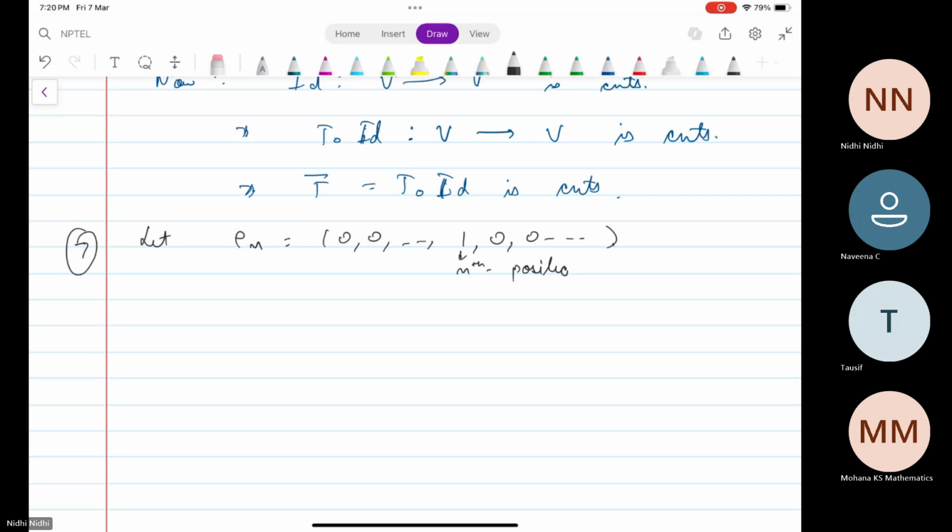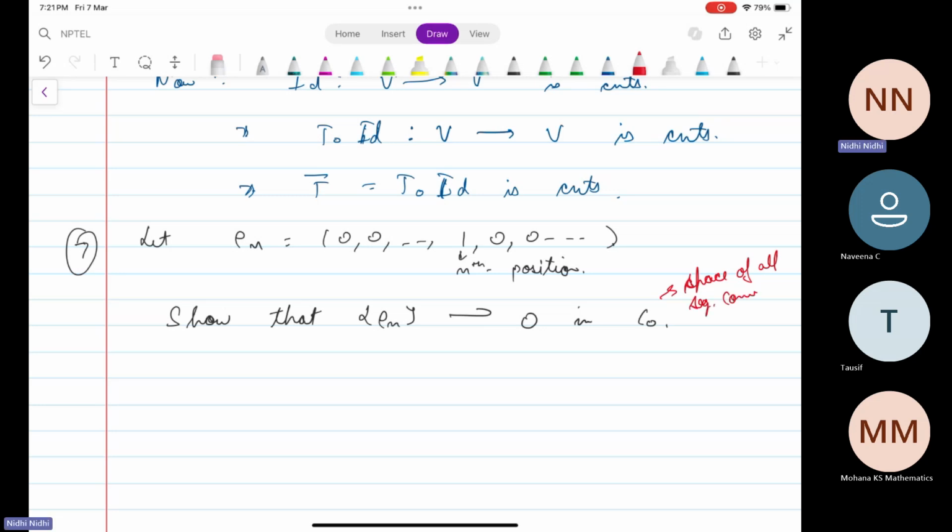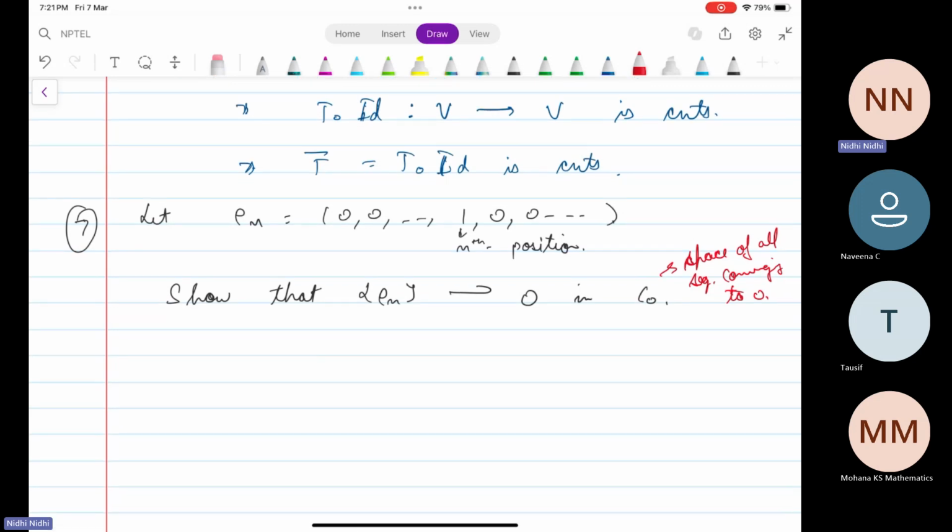Show that en converges weakly to 0 in c naught, where c naught is the space of sequences converging to 0. And in this space, our norm is the sup norm. And also we know that c naught star is l1.